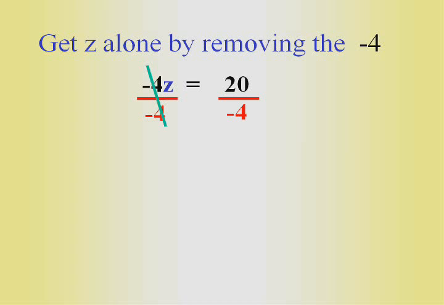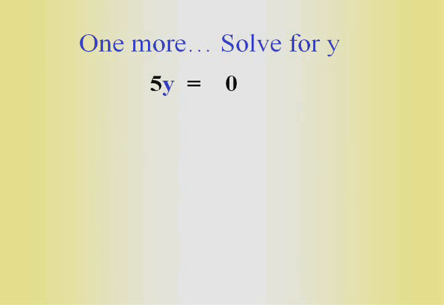And 20 divided by negative 4, be careful, is negative 5. So in this case, 1z or z with z by itself is negative 5. And if we put it back into the original equation, instead of z, negative 4 times negative 5 does equal positive 20. So it works.